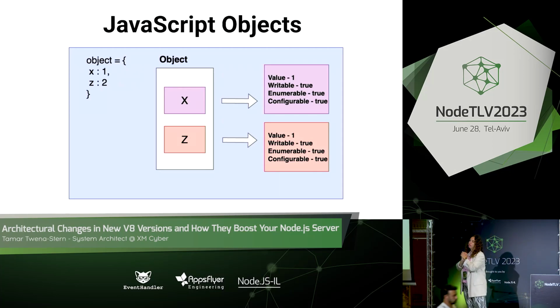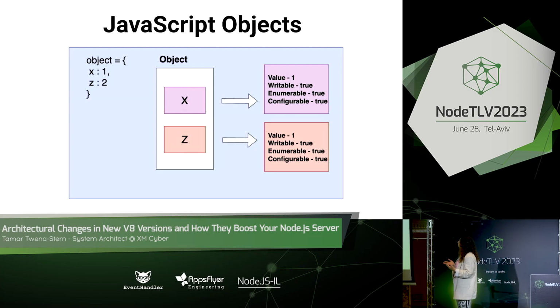Once upon a time, before shapes, I had a JavaScript object, and it has two properties, X and Z. In the memory itself, we had the name of the properties, X and Z. Each one of them was pointing to a set of characteristics. One of the characteristics was a value. Value of X is 1, as you can see, and other characteristics are writable, enumerable, and configurable.